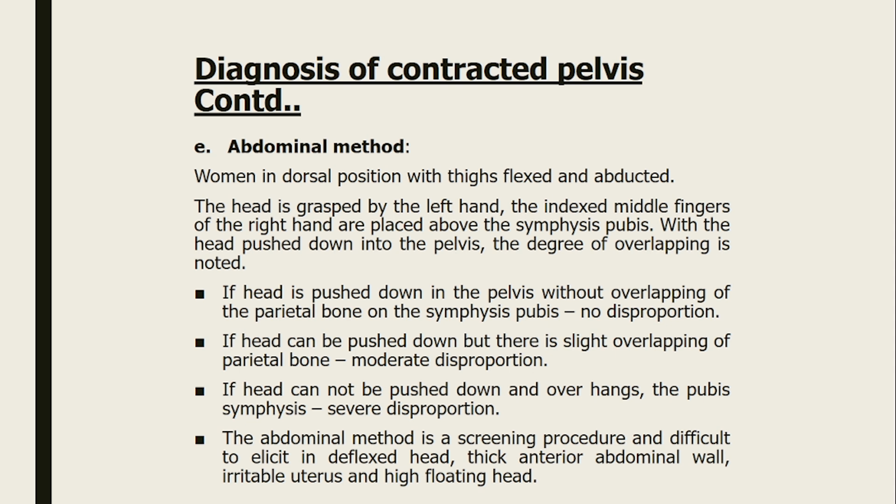As I said, this is useful in the antenatal period to determine whether there is some degree of contraction of the pelvis, or whether cephalopelvic disproportion may occur in labor. It's a screening method and it's very useful, particularly in first-time pregnant women.